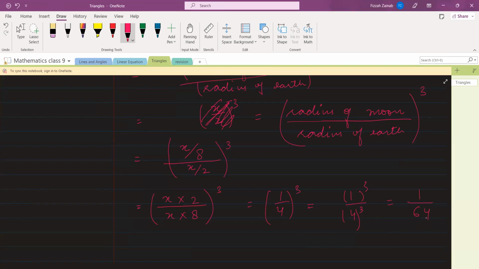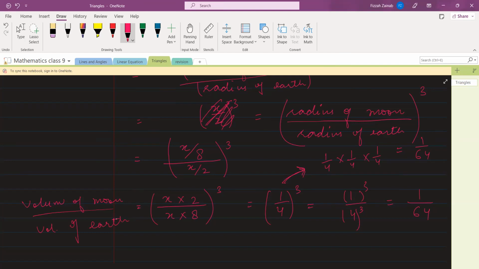Or you can also write it like this, 1 upon 4 into 1 upon 4 into 1 upon 4, because it is cube, right? This will also give you 1 by 64. So this was volume of moon upon volume of earth.